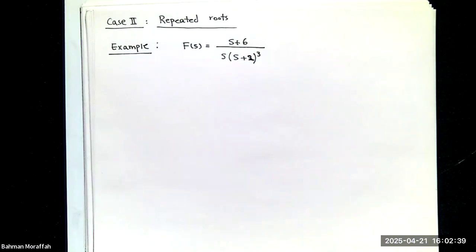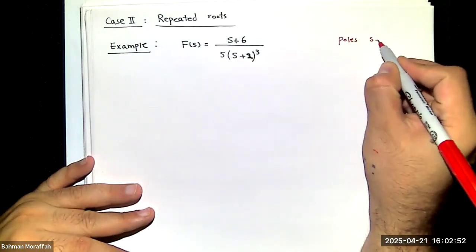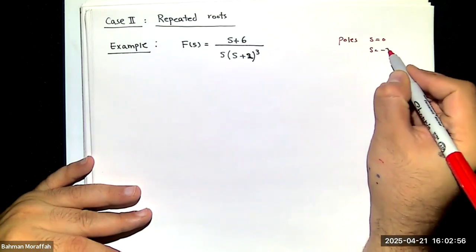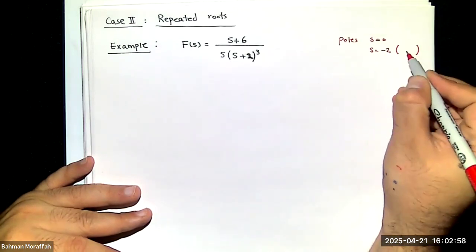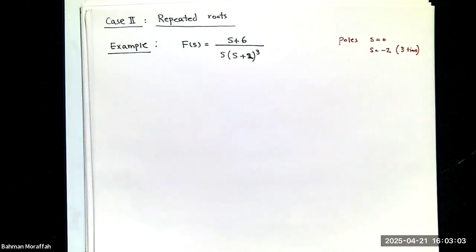First of all, this F of s is proper, so I can do the partial fraction decomposition. Second of all, where are my poles? Well, I have a pole at 0, and I have a pole at -2, which is being repeated 3 times.